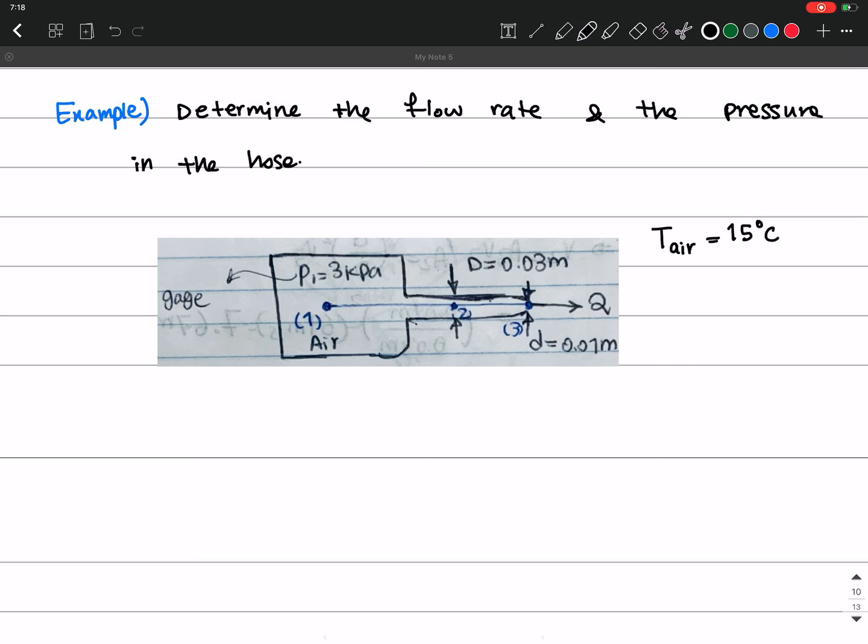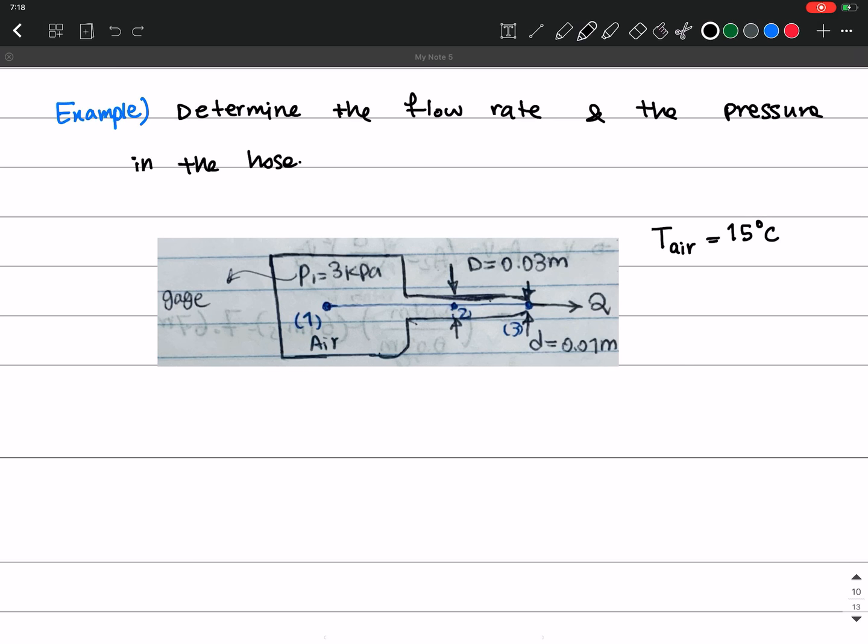We have air that goes out of this hose, and then this subsection which has a diameter of 0.03 meters, and then this subsection of that hose that has the diameter of 0.01 meter, and then the temperature of air is 15 degrees Celsius. Okay, and we have air here.